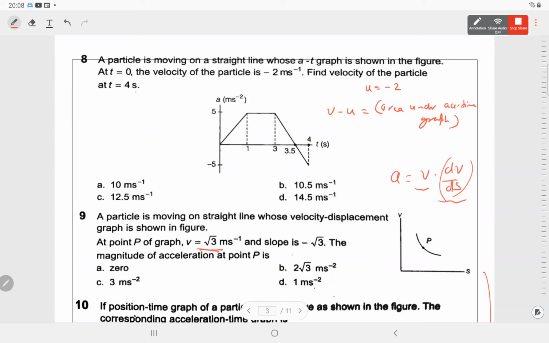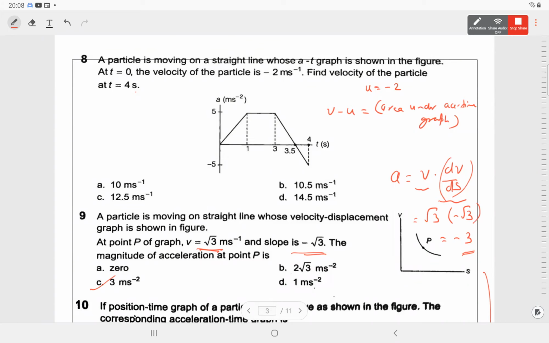Sir, dV by ds P? dV by ds is the slope, so it will become root 3 into minus of root 3, but it is asking only the magnitude. Magnitude will be 3 meter per second square. So whatever is given in the graph, we have to see, and from there we have to find the relation. We have to find the exact relation that we have to draw.